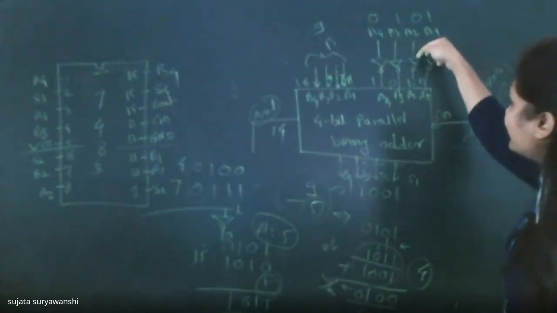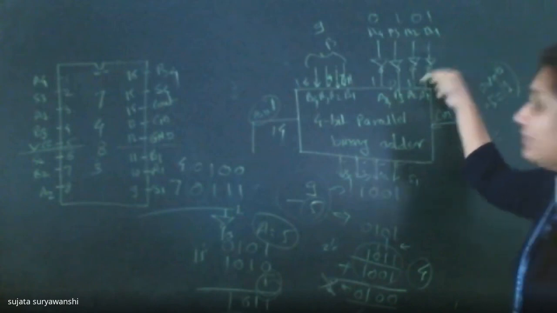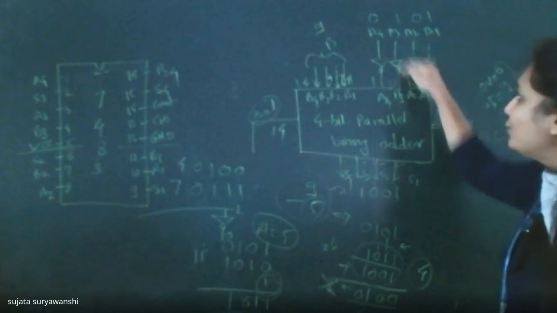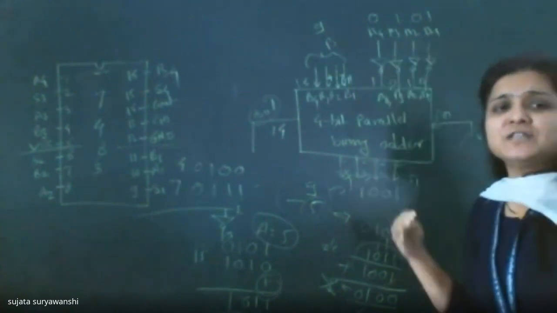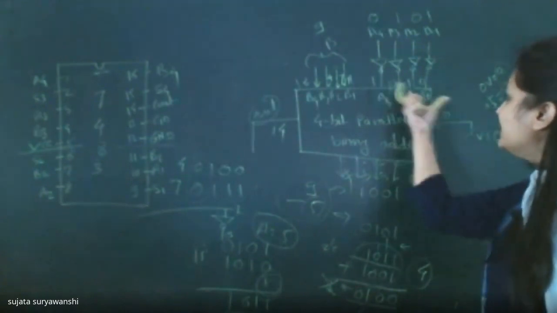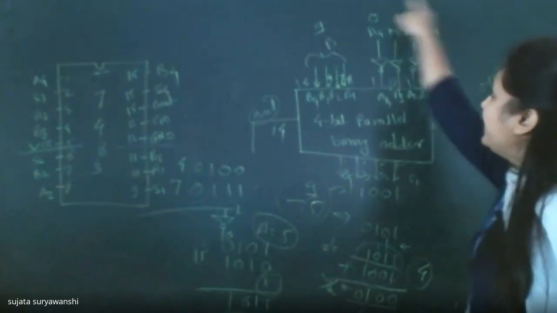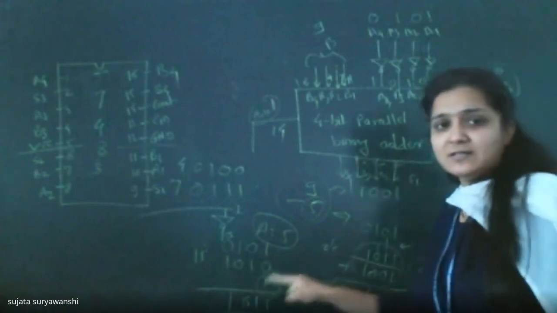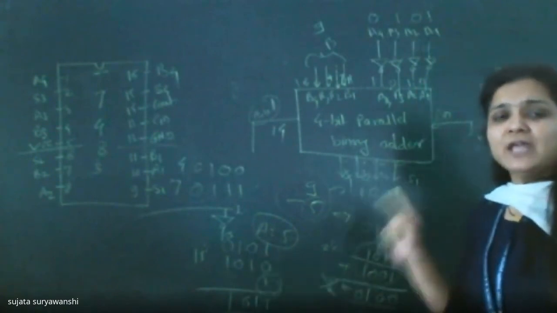Similarly, input of this NOT gate is 0, then output becomes 1. Then input of the third NOT gate is 1, then output becomes 0. Means all the outputs are in the inverted form. So 1010 is the 1's complement of 5, and after getting 1's complement, what is your next step? You need to add 1 into the LSB bit.